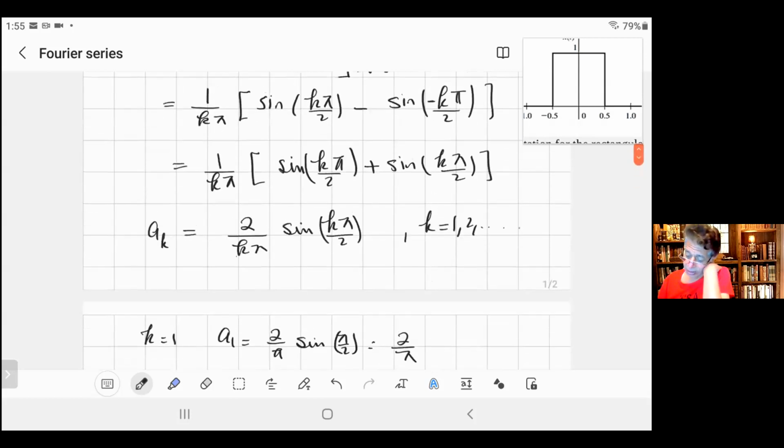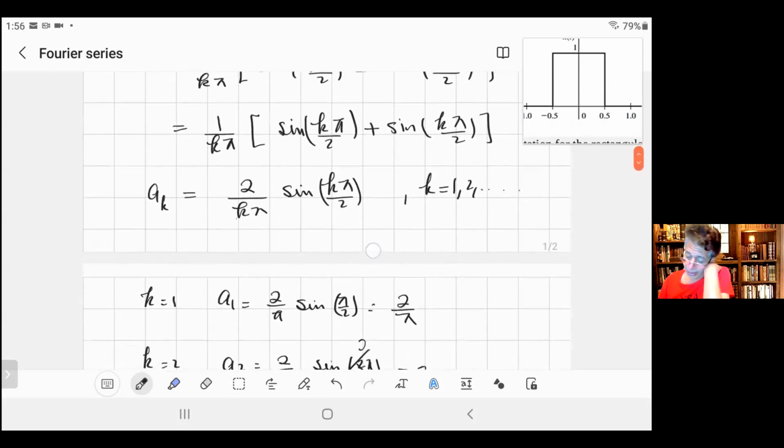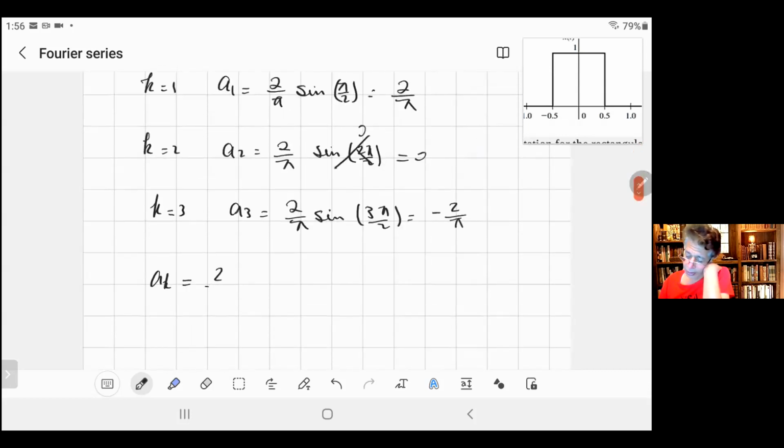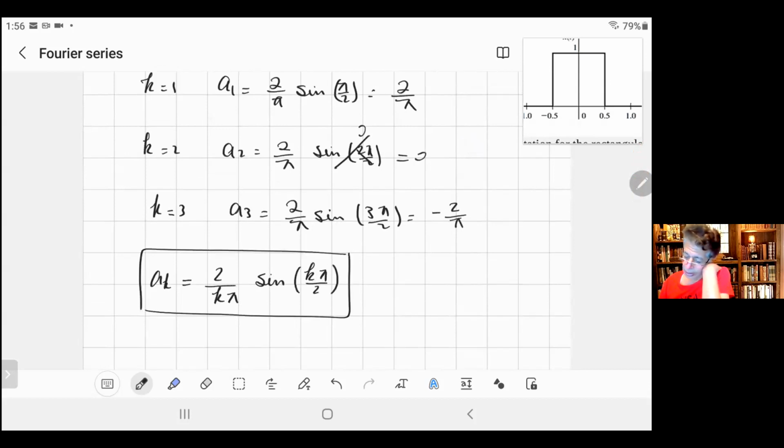So I can write this expression, a_k equal to 2 over k pi sine k pi over 2, and I only have to substitute when k is equal to 1, 3, 5, 7, up to infinity. So it's only working for odd values of k.